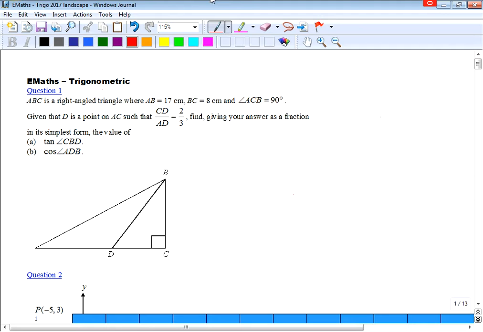So, Trigo, question 1. Anybody needs help? Do all of you have your Trigo paper with you on your table now? Those who have done it, put it on your table. Look at question 1.